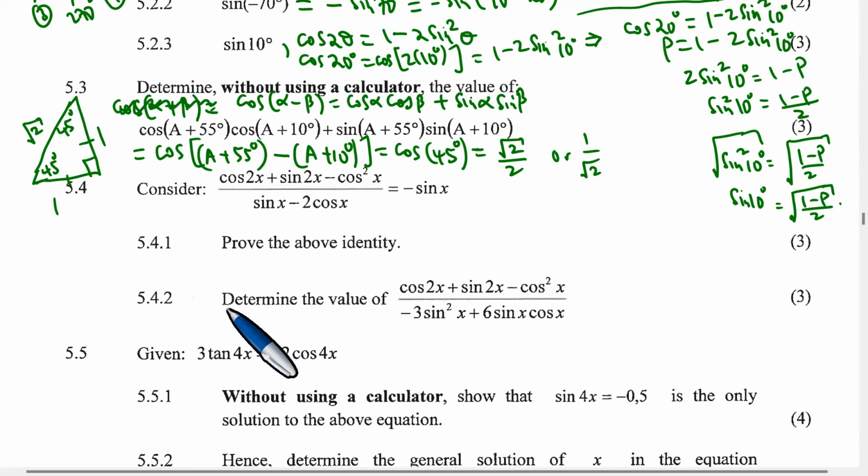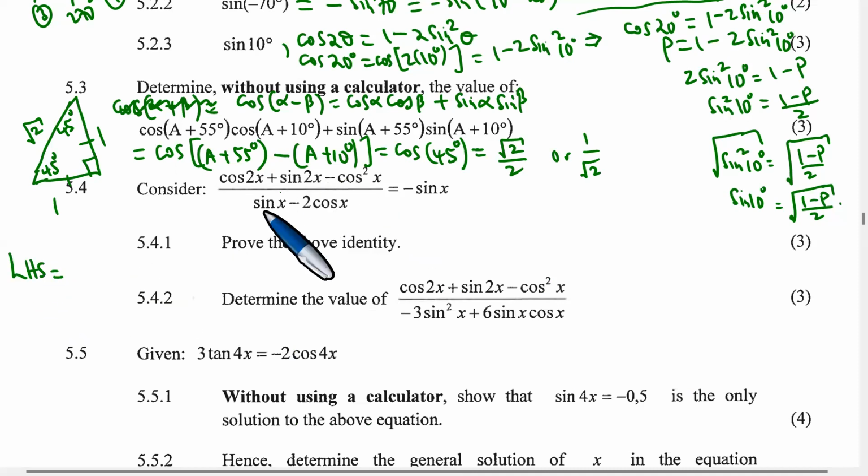Now, to write the proof of this is pretty straightforward. How do you go about doing these? So you take one side of this. Like, you're going to take the left-hand side.